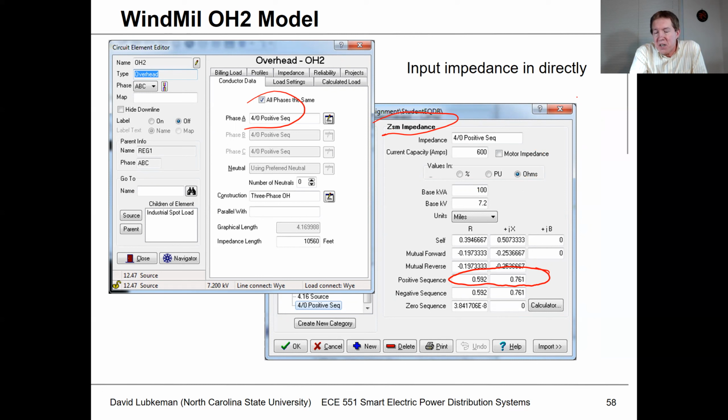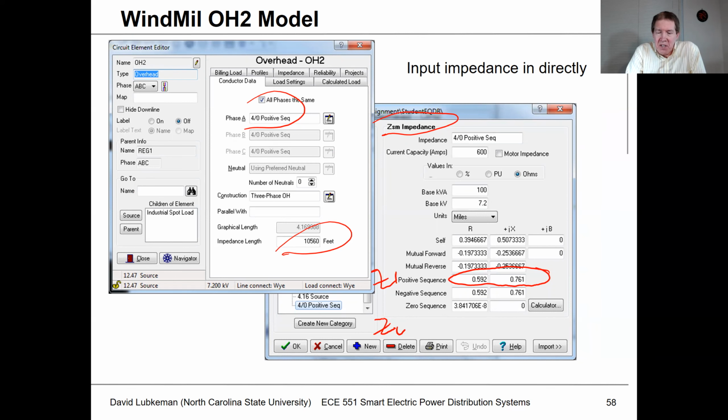And so you could enter this in directly if you want, and then just make sure I have the distance that corresponds to 2 miles. So what this basically does is it takes what you get out of the line parameter calculations and allows you to put in values for Z1 and Z0 directly.